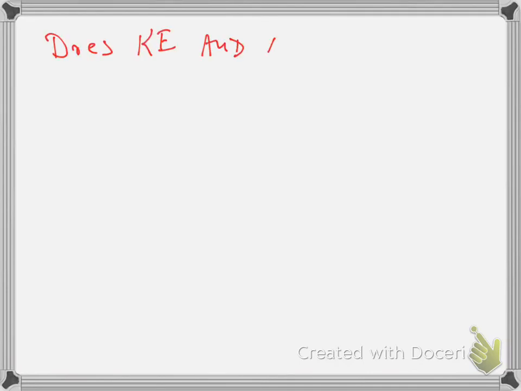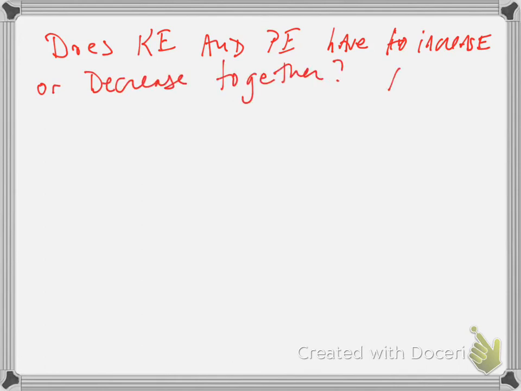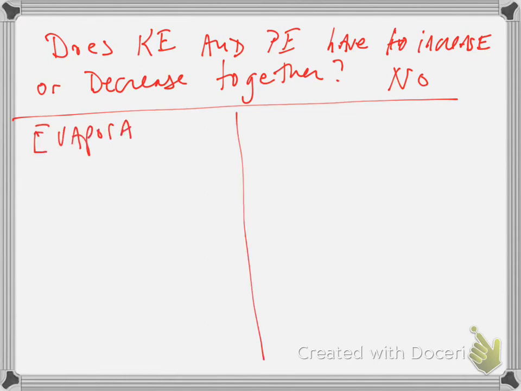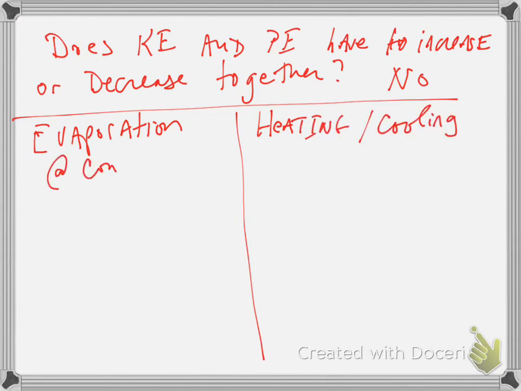So we can now finally answer with all of the different ideas we have: do kinetic energy and potential energy have to increase or decrease together? And now the clear answer is no, they do not, because in evaporation at constant temperature and heating or cooling of a liquid or solid up to a phase change and beyond, we're going to have two different scenarios.